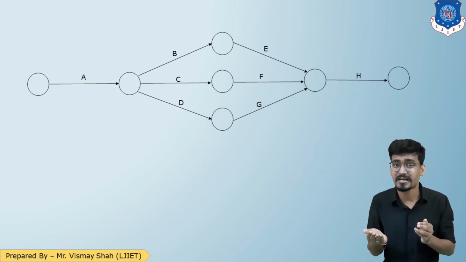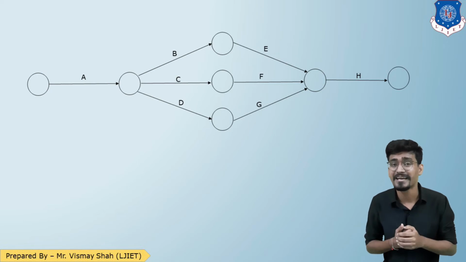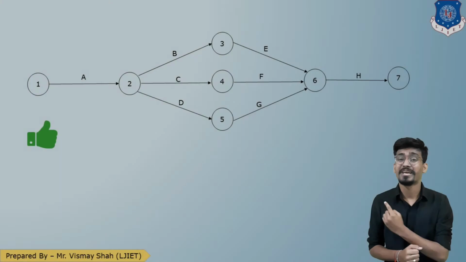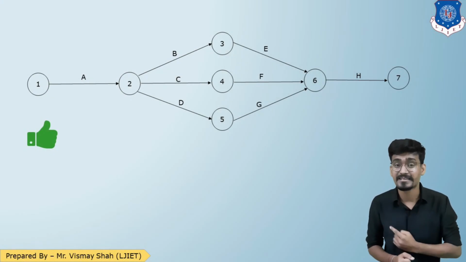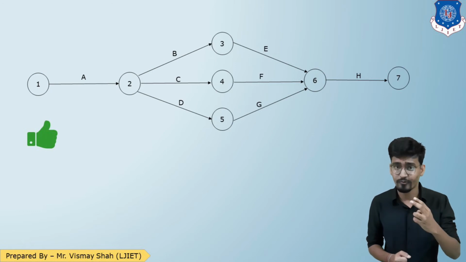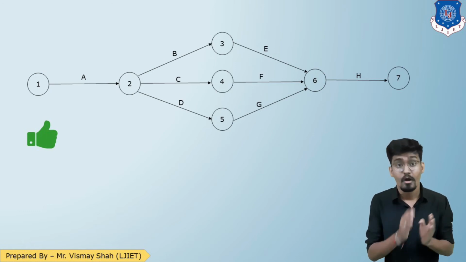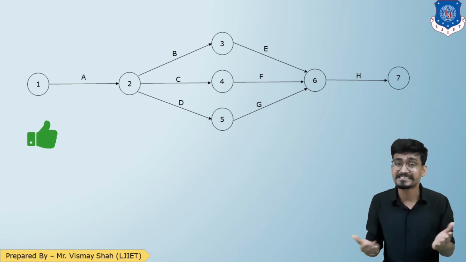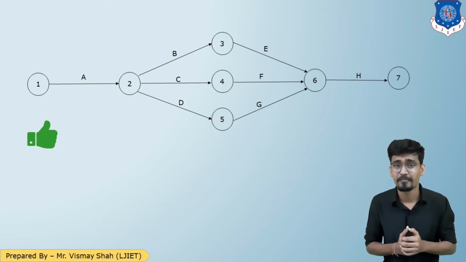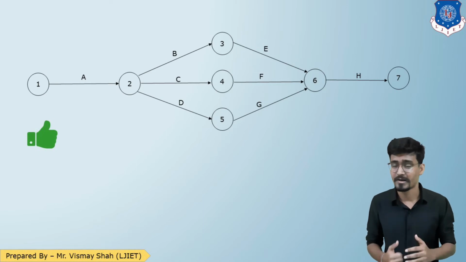Then again there is one circle, 6, and the last one will be 7. So the numbering will look like this: 1, 2, 3, 4, 5, 6 and 7. From left to right, the circles coming first will be numbered sequentially. Easy and simple. So that is our question number 1.